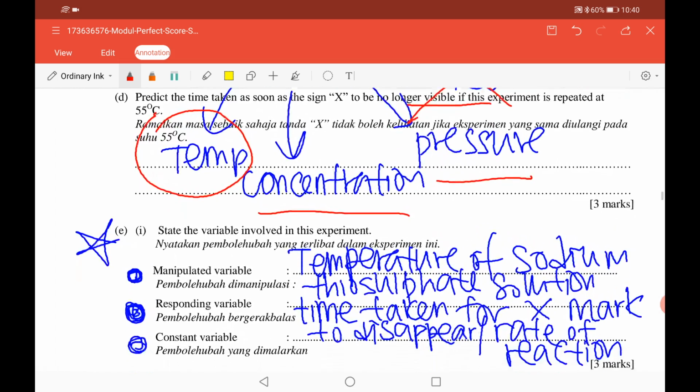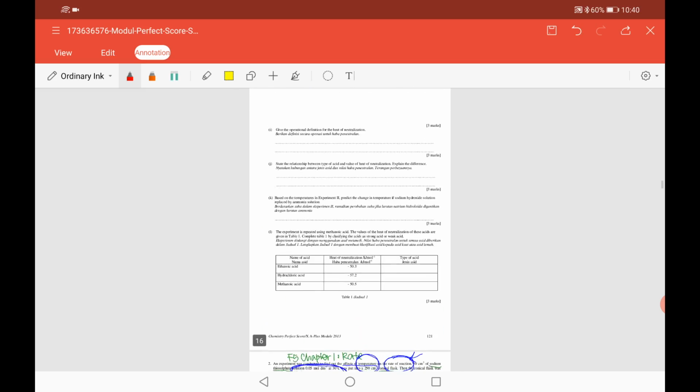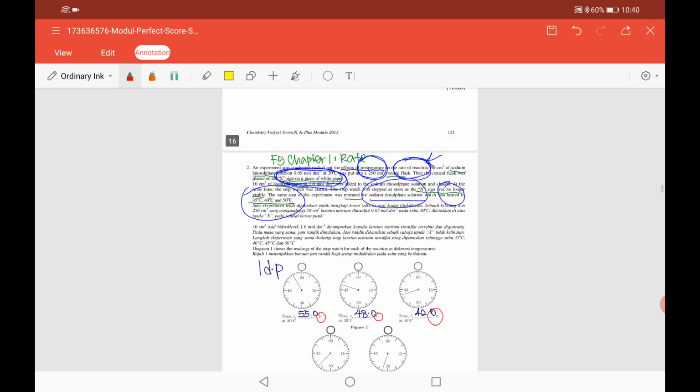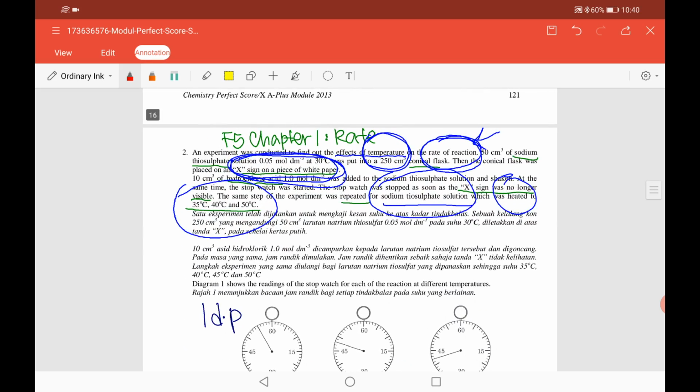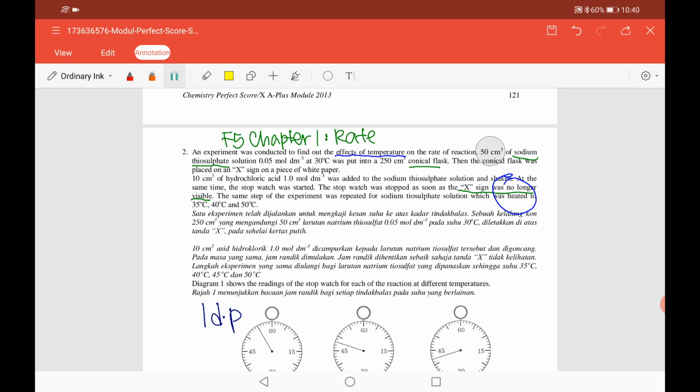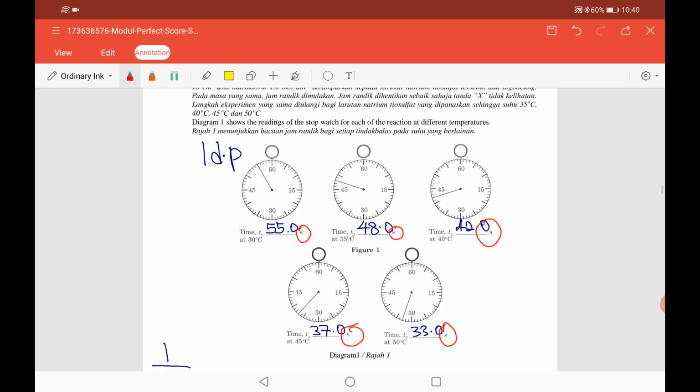So in this experiment, there is no solid at all. They are mixing two solutions. The first solution is sodium thiosulfate solution. The second one is hydrochloric acid. When we have solutions only, there is no solid, so we don't put the word size.